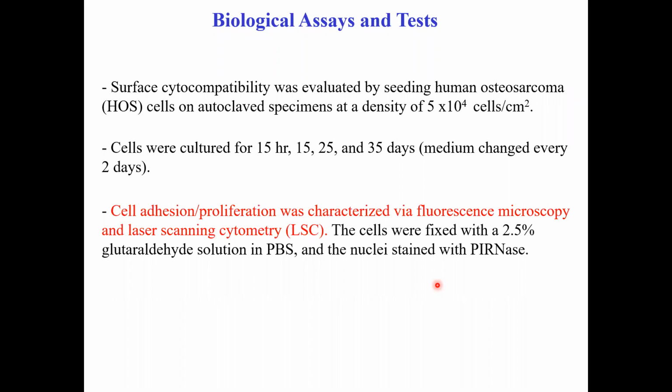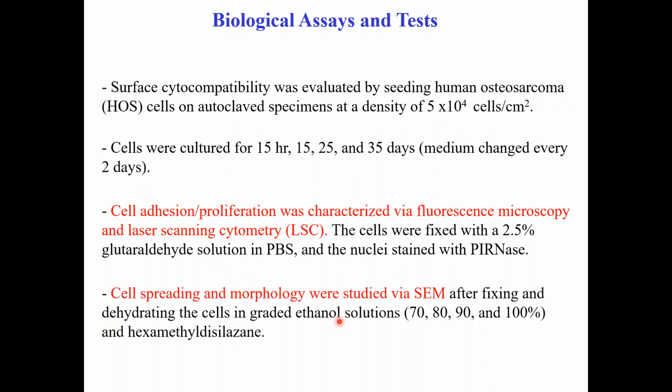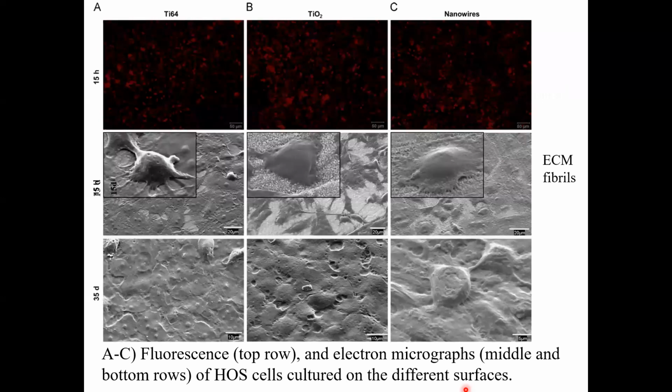So cell adhesion and proliferation were characterized by fluorescence microscopy and laser scanning cytometry. And cell spreading and morphology were studied by SEM. And I'm going to show you some data.